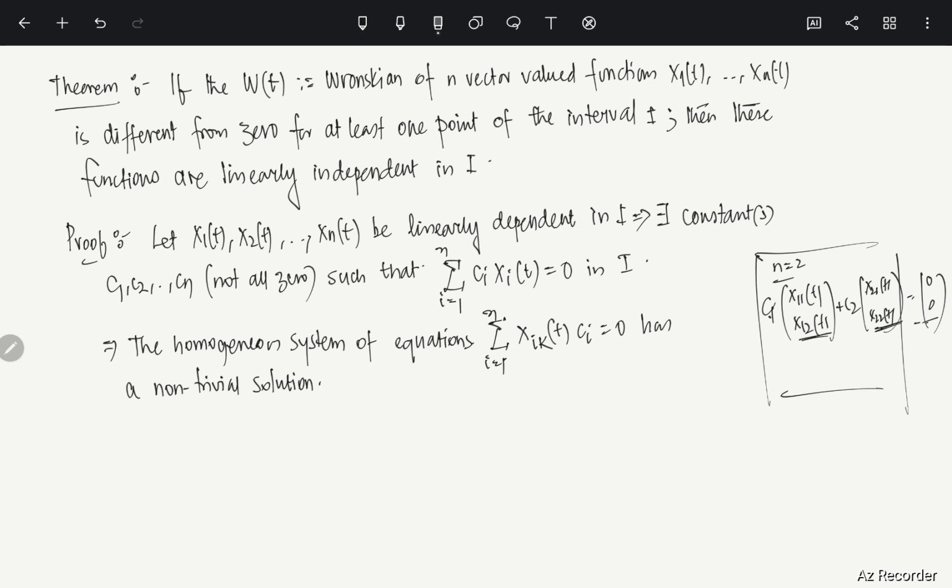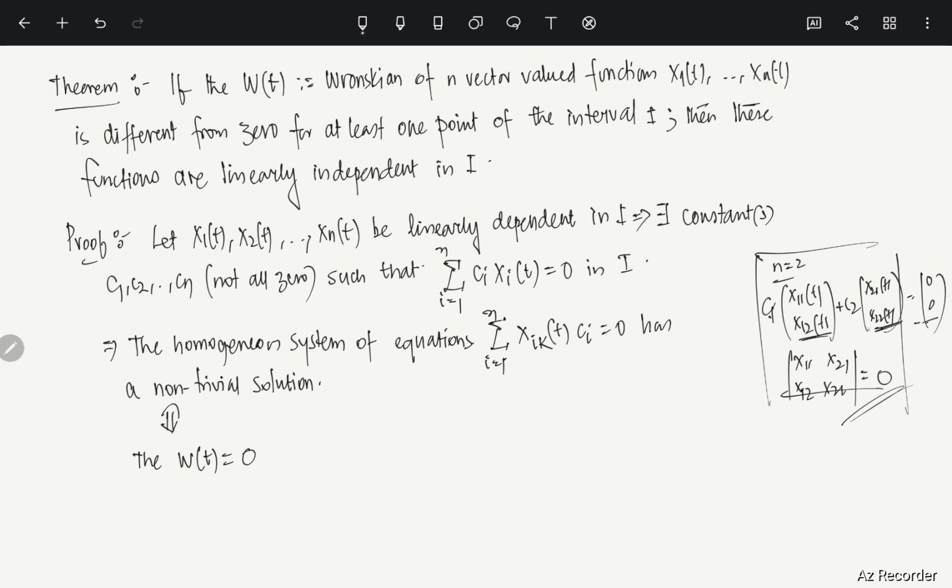So that will imply that the Wronskian at the point t has to be 0, right? What is the Wronskian? The Wronskian is the determinant of x11, x21, x12, x22, right? This should be 0. That's the only way it can happen.